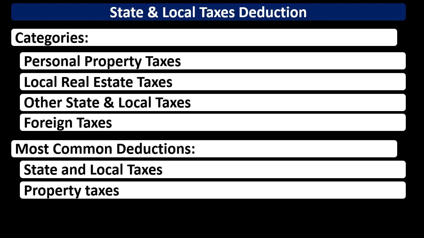The property taxes for many individuals is going to be the home having property taxes, which could be a significant amount of tax. This is a significant amount that could help to push people over to the point greater than the standard deduction, and therefore a point where someone would need to itemize.